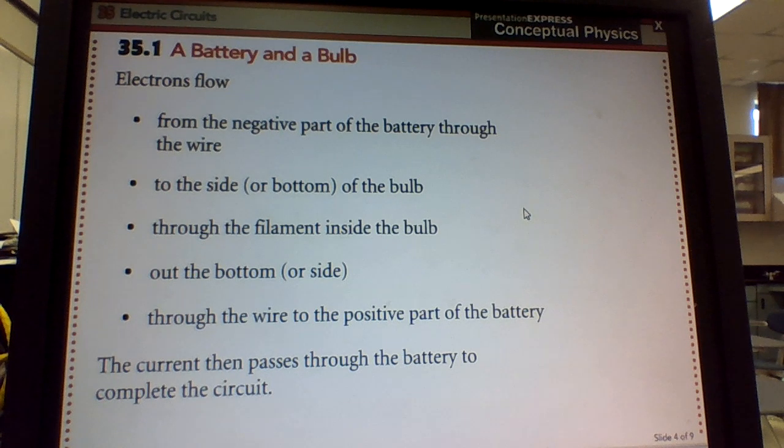The electrons then pass from the side or bottom of the bulb up into the filament, and then they go back out the bottom or the side, and then back through the wire to the positive part of the battery. We have that complete connection. The electrons are flowing through the filament, and so the bulb lights up.